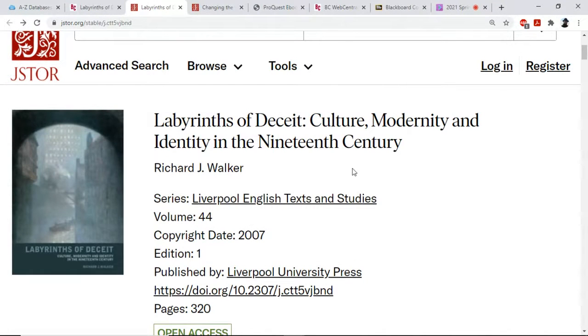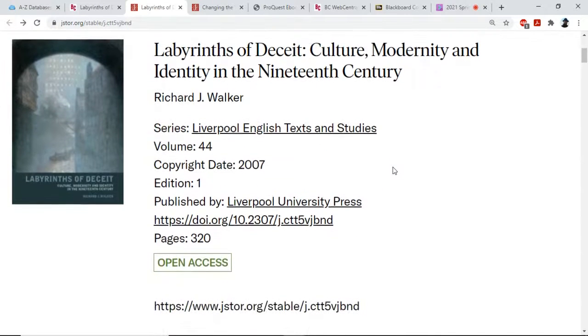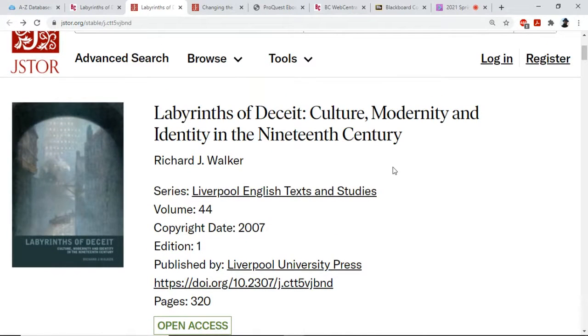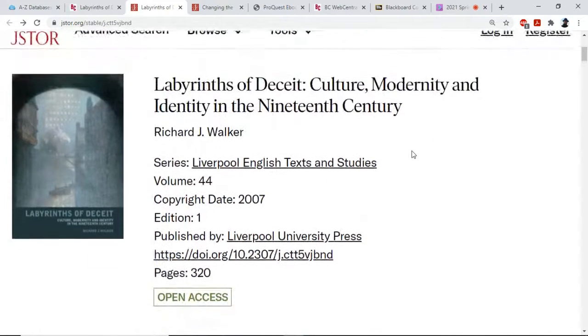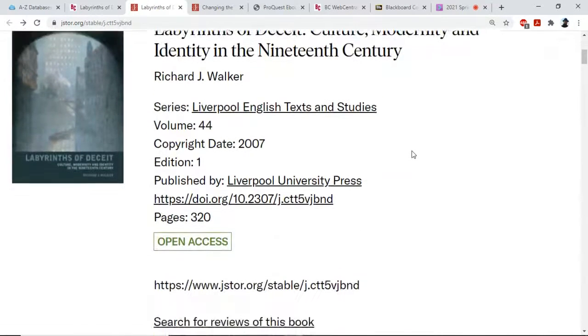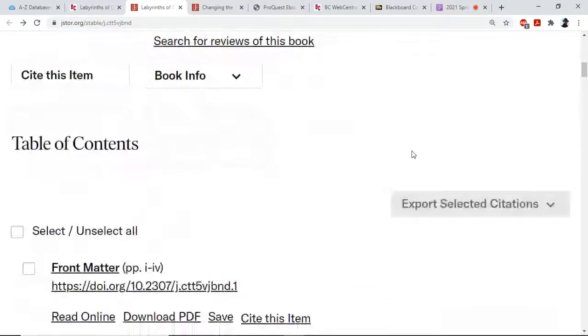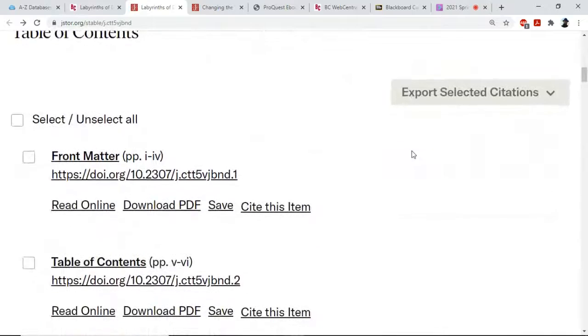So this is a book that I found by entering, I think I entered Victorian era literature into the search engine. And a bunch of books came up, of course, because there's a bunch of books written about Victorian era literature. Loads and loads and loads and loads. Too many to even spend your time looking at the introduction, first and foremost, to see if Christina Rossetti is included in it. So what do you do in that case?